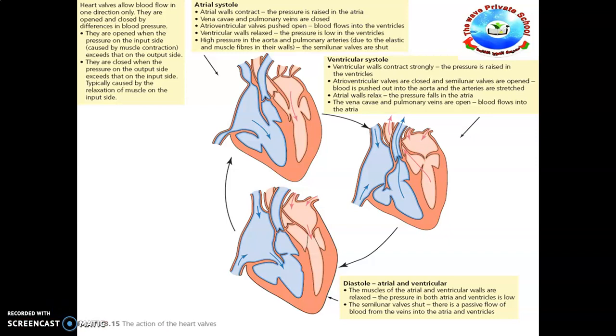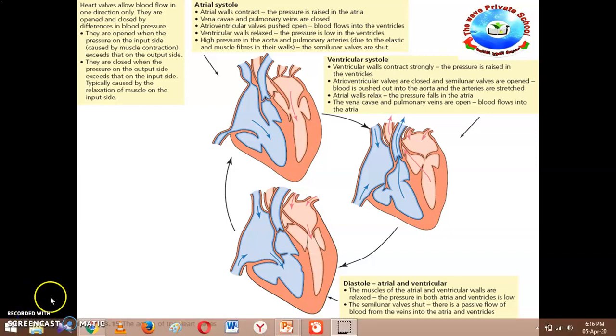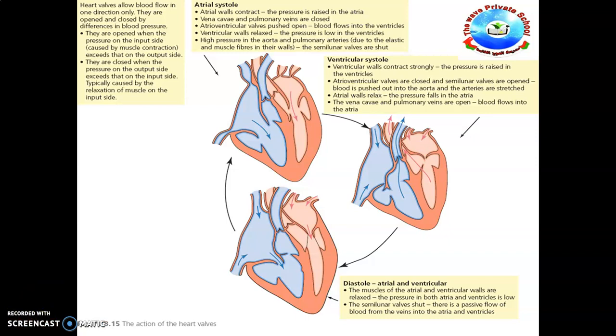By this we understand the valves will be opening when the pressure on the input side, caused by muscle contraction, exceeds that on the output side, and they are closed when the pressure on the output side exceeds that on the input side. That is caused by the relaxation of muscle on the input side. So by looking at the picture, you will understand how the blood is pumping.